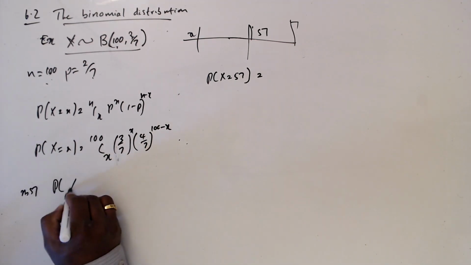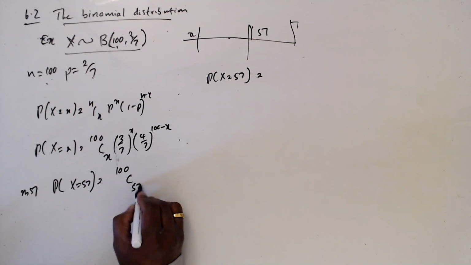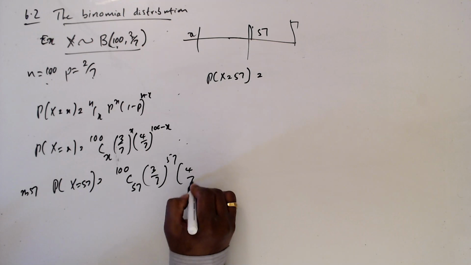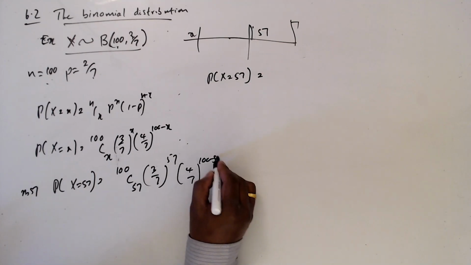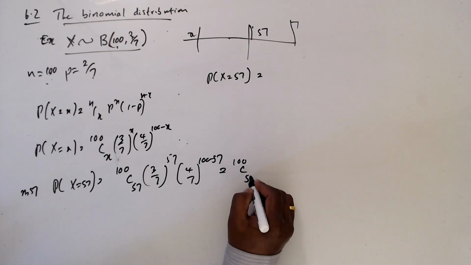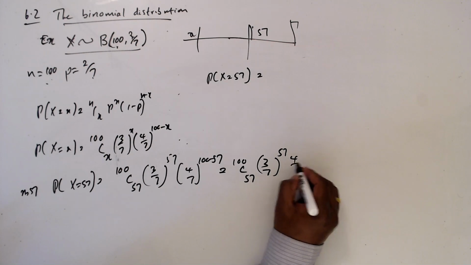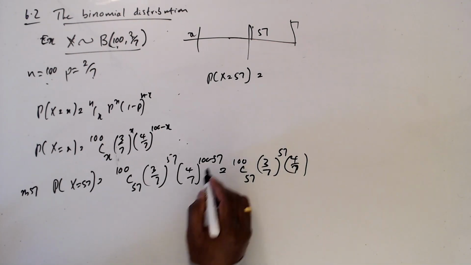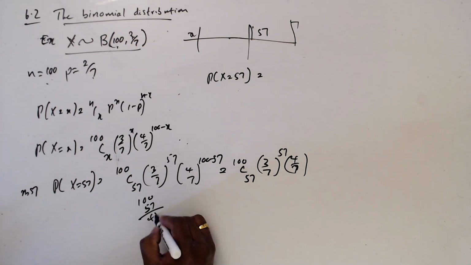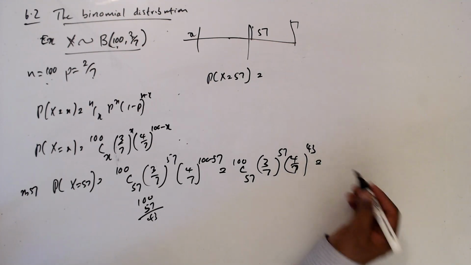So the probability of X = 57 equals 100C57 (3/7)^57 (4/7)^(100 − 57), which is 100C57 (3/7)^57 (4/7)^(100 − 57) = (4/7)^43. Now how do you find this one?